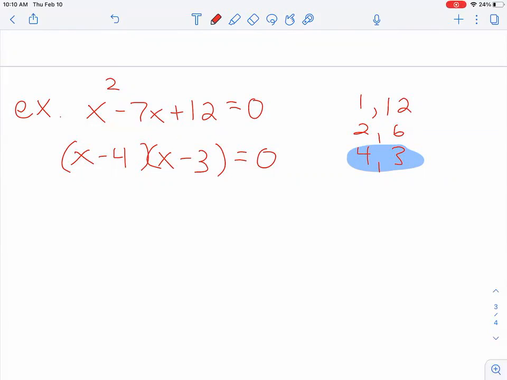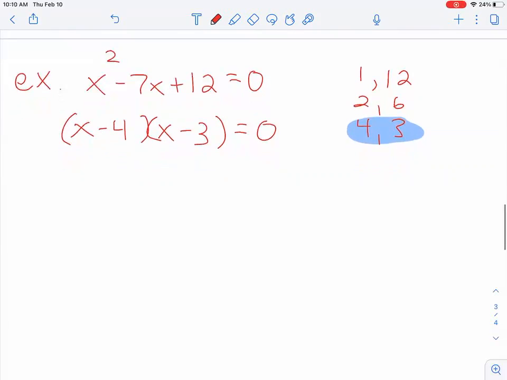Okay, so once we get it factored, here's what we do to actually get an answer. We set this thing equal to 0. So I do x minus 4 equals 0. And we set this thing equal to 0. So x minus 3 equals 0.